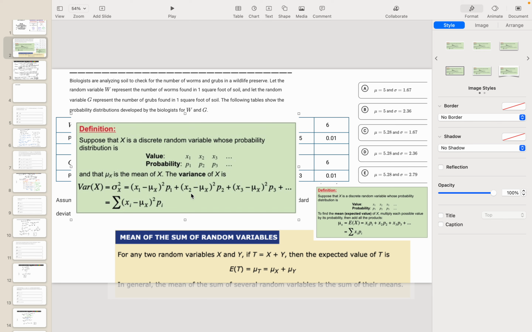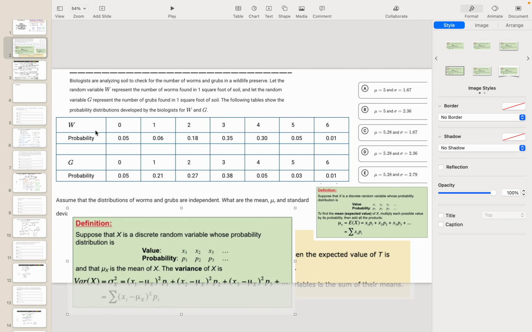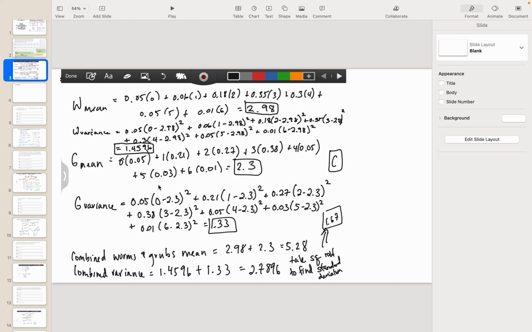That's what each of these means. The second value, so 1 minus the mean that I just found, square it, times the probability. The third value, 3 minus the expected value, squared, probability, and I need to do that for both worms and grubs. So I have that worked out here.